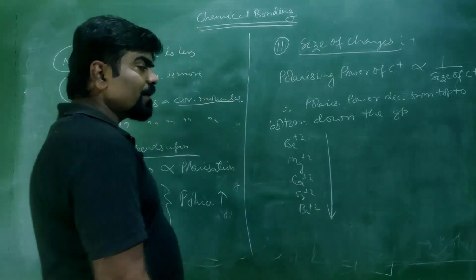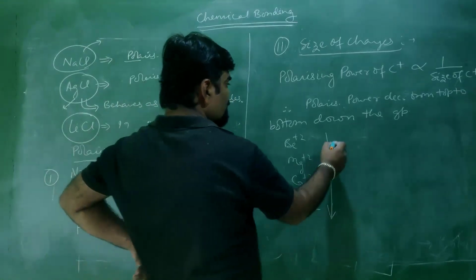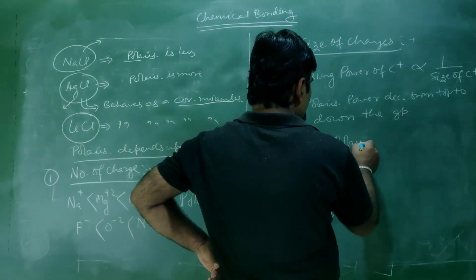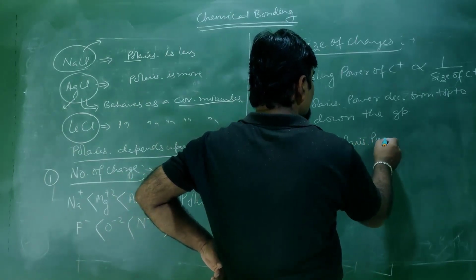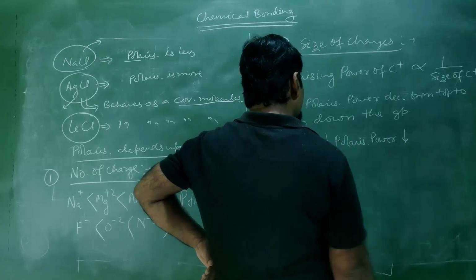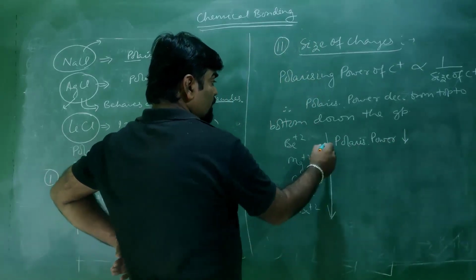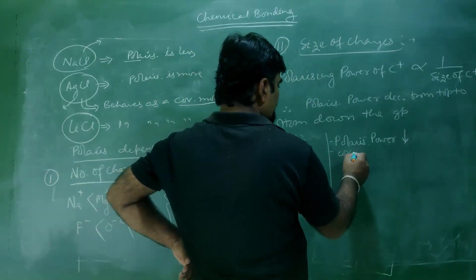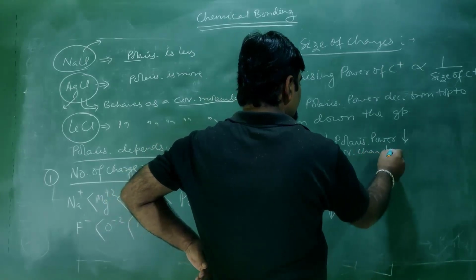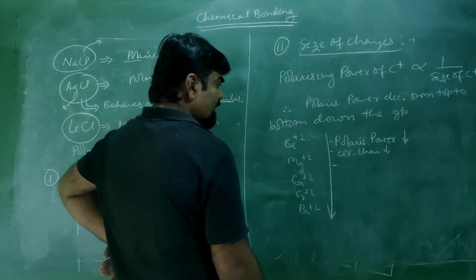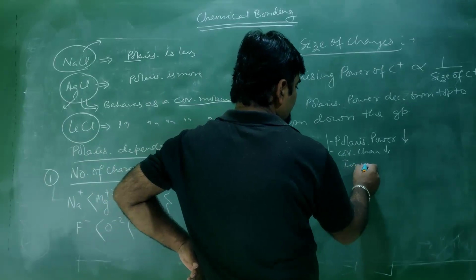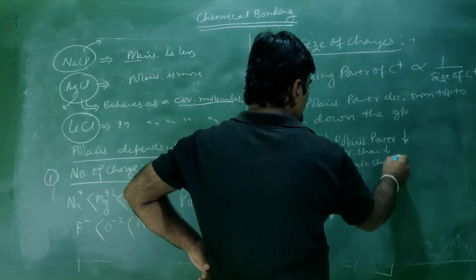So from top to bottom, polarizing power decreases. If polarizing power decreases, covalent character decreases, but ionic character increases.